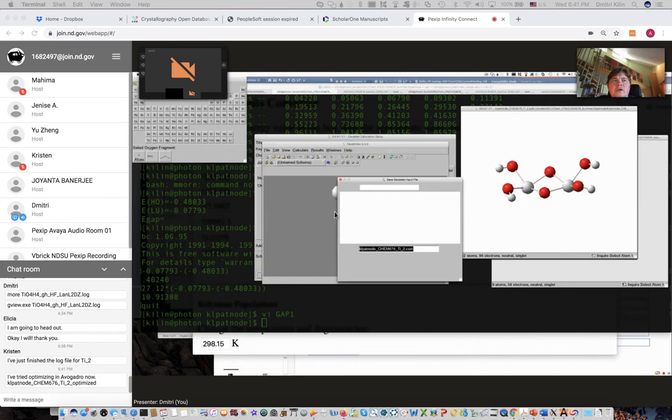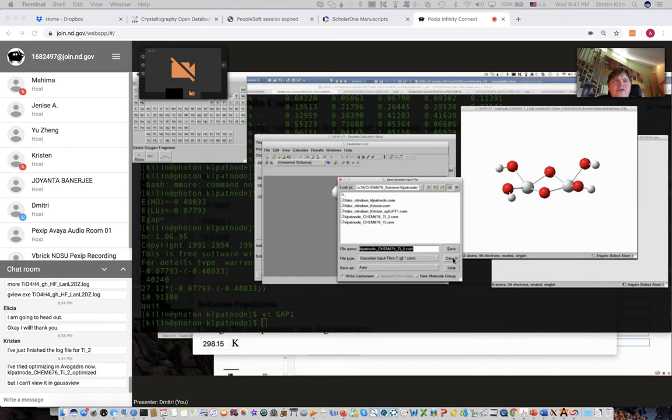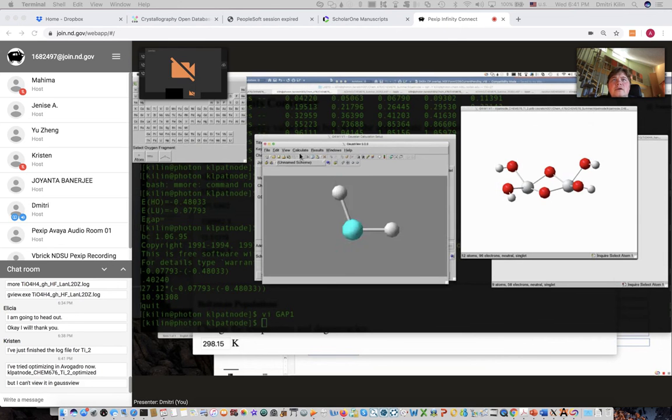Okay, so I'm doing a little silly thing by doing optimization. Oh, cancel. Instead of UFF, I wanted to do a different force field. View it in Gauss view.